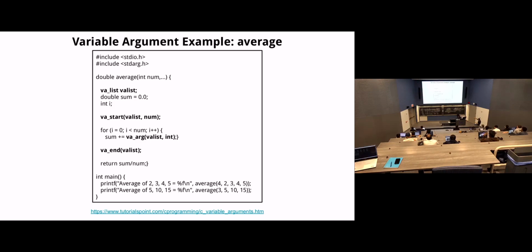When we get each argument, we tell it what type it is; in this case, the type is an integer. Then we go through this loop so we can get the sum. Since we have gone through all the arguments, we end the va_list with va_end. Then we just return sum divided by number. So this is how we develop a variable-length function in C, and printf, obviously, is one of those functions with variable arguments.